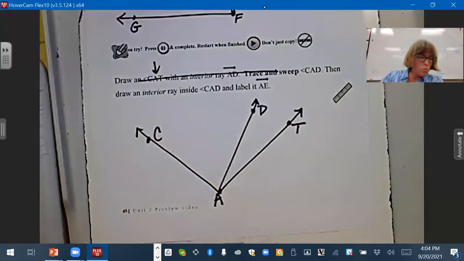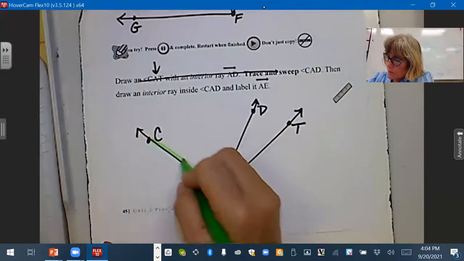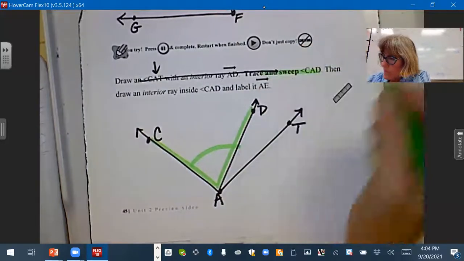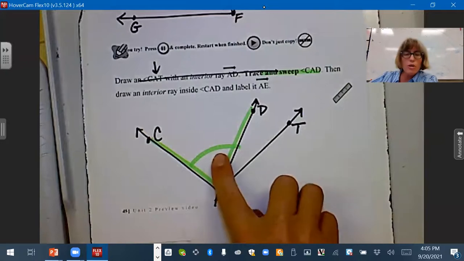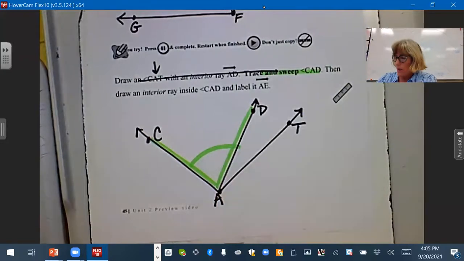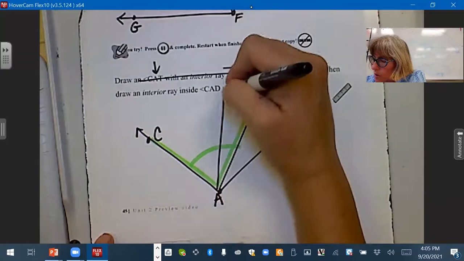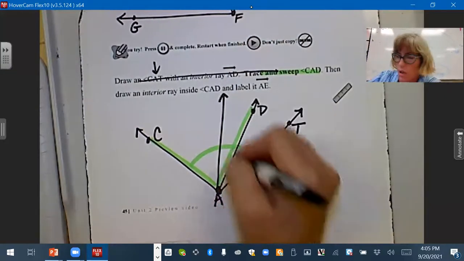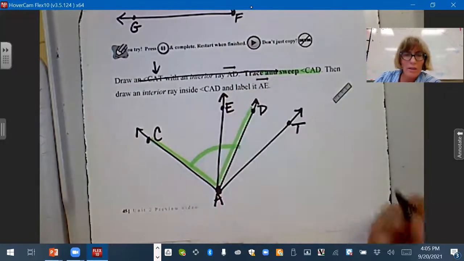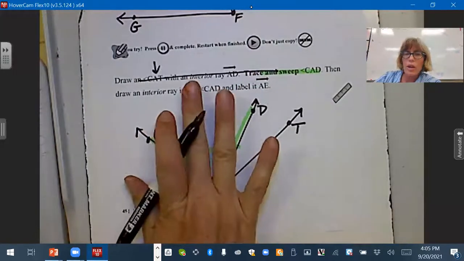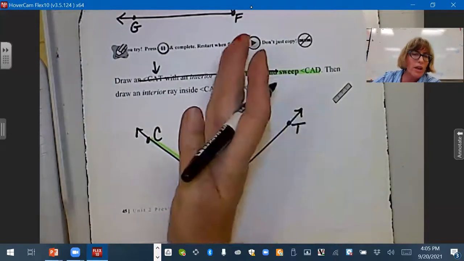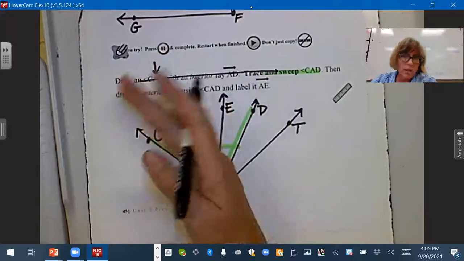Trace and sweep, CAD. Then draw an interior ray in CAD, label it AE. So inside here, you have another interior ray starting with A, which is the vertex, and then E. So it's okay if this is totally flipped the other direction. What's important is you have this angle swept and AE is somewhere in that swept angle.